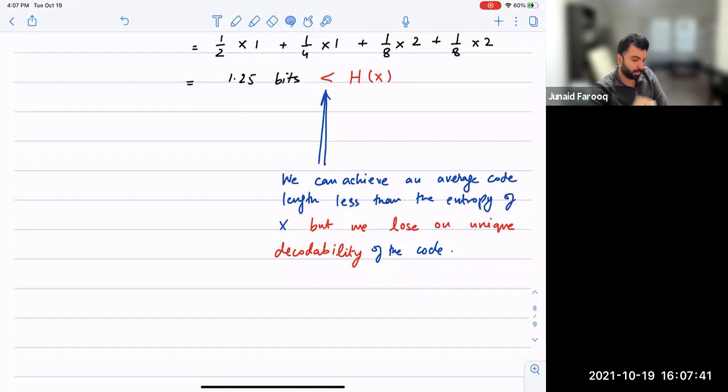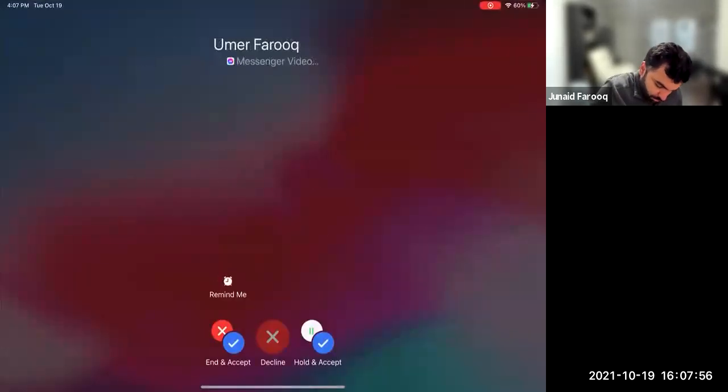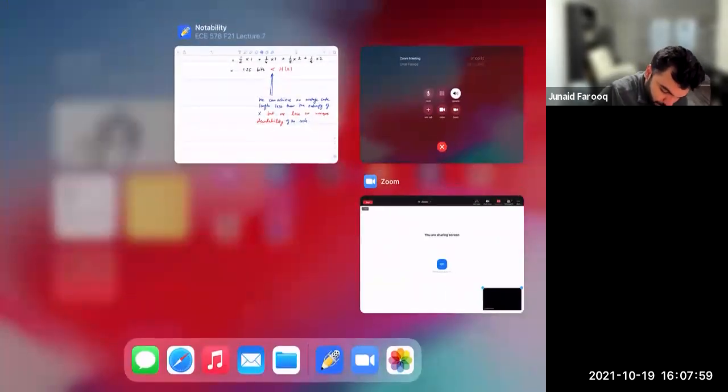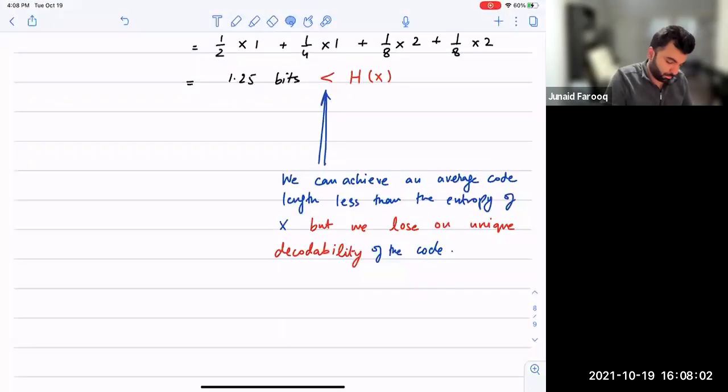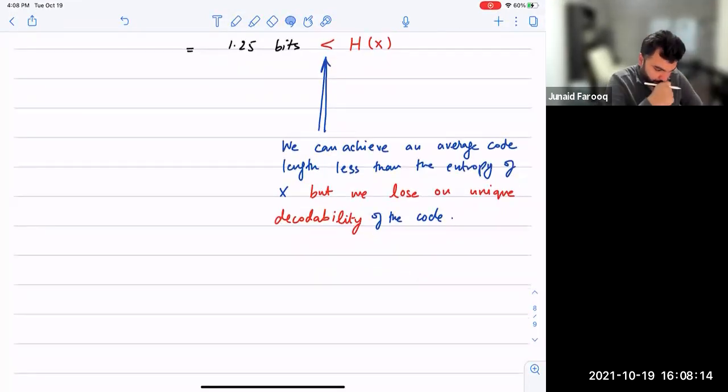Okay, so what we'll see in the subsequent sections of this lecture is what are the best lengths of the code and whether that's optimal or not.